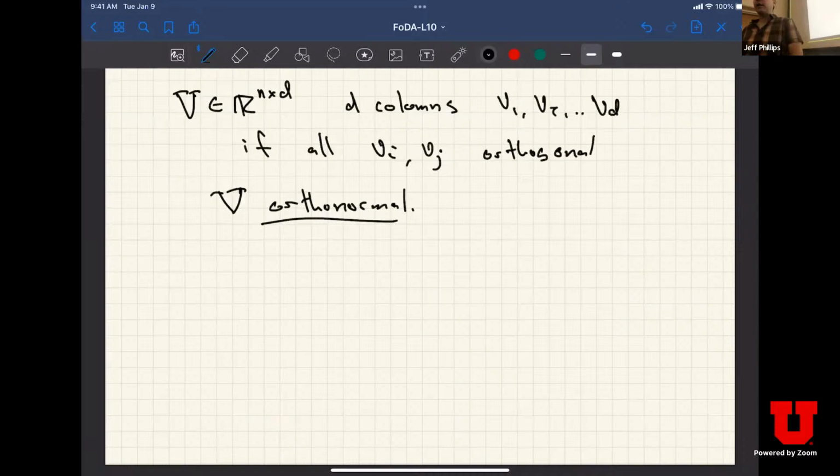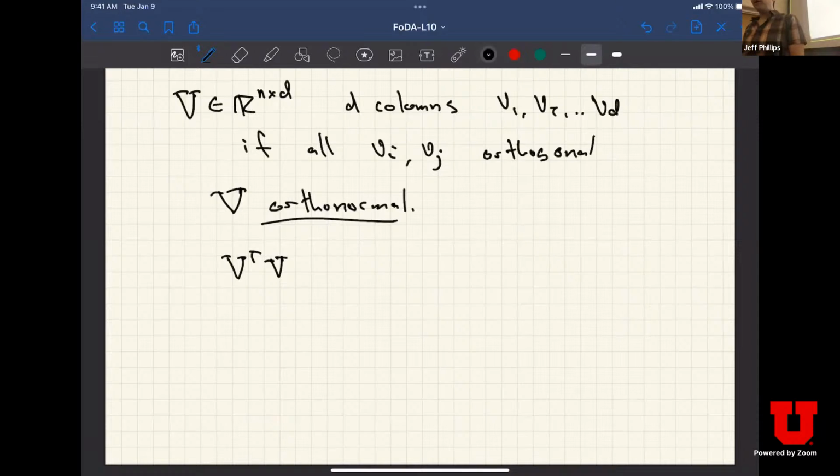So I can do V transpose times V. What's the dimensionality of V transpose times V going to be? It's going to be D by D, right? V transpose is D by N, so the N winds up in the middle here.